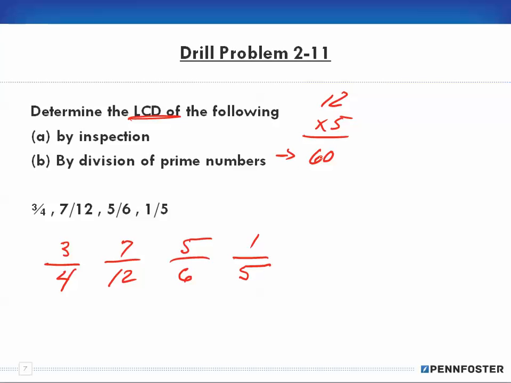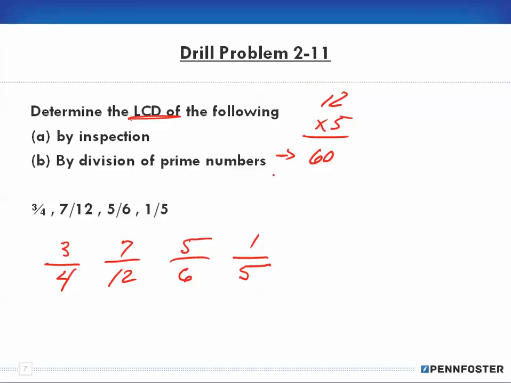But it gives me a number that allows me to do the problem using smaller numbers. And once I'm finished, I might have to reduce the fraction to its lowest terms. But what I find an awful lot of times is that when I take the 12 and multiply it by 5, getting 60, that will be my lowest common denominator.